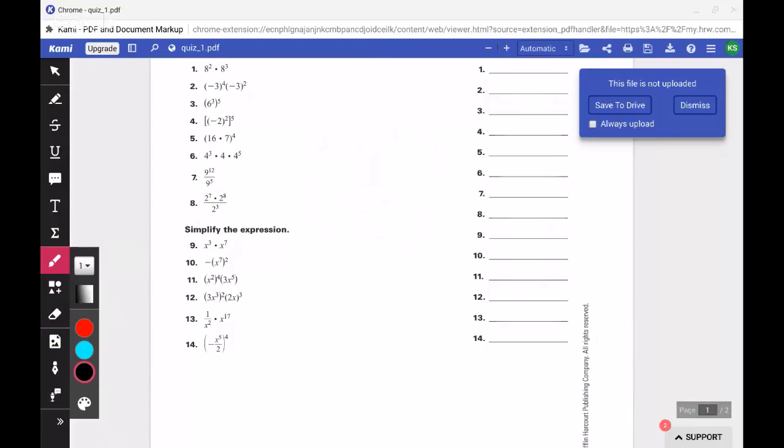So that was my guiding factor. If everybody bombed it horribly, then I was going to count it as a daily grade. But if everybody did pretty good, I wanted to kind of boost things up because it's only going to get harder as the year progresses. So I was just kind of using that as my guiding.